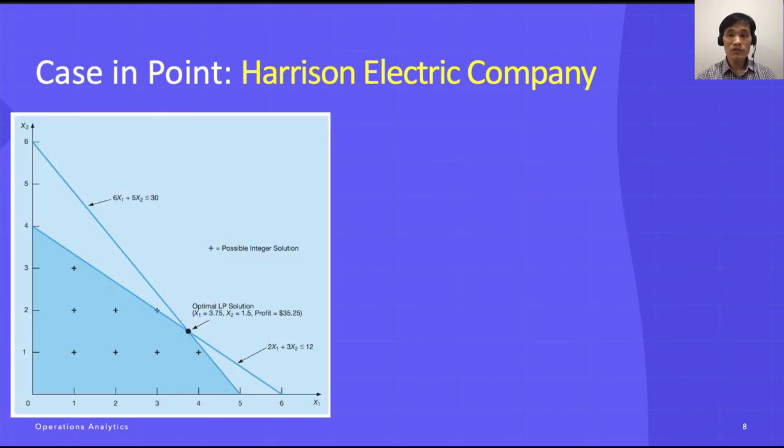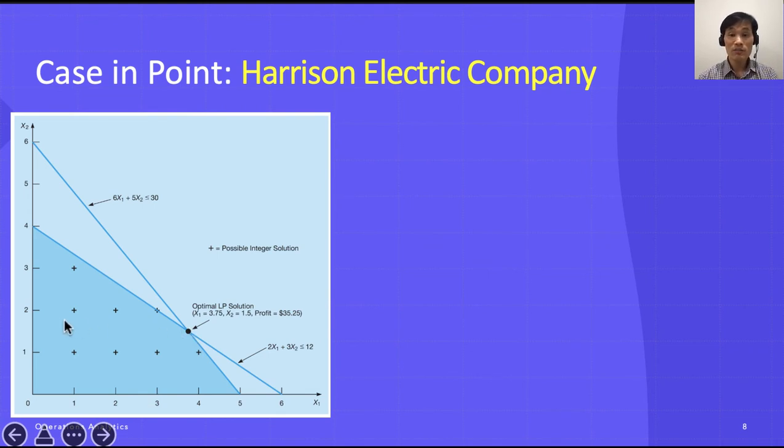Now this is a graphical solution of this Harrison Electric Company. With only two variables and two constraints, Harrison's production planner employed a graphical LP approach that we have learned a lot in the first chapter, and generated an optimal solution for X1, and it turns out to be 3.75, and for X2, the fan, it's 1.5, so 3.75 and 1.5.